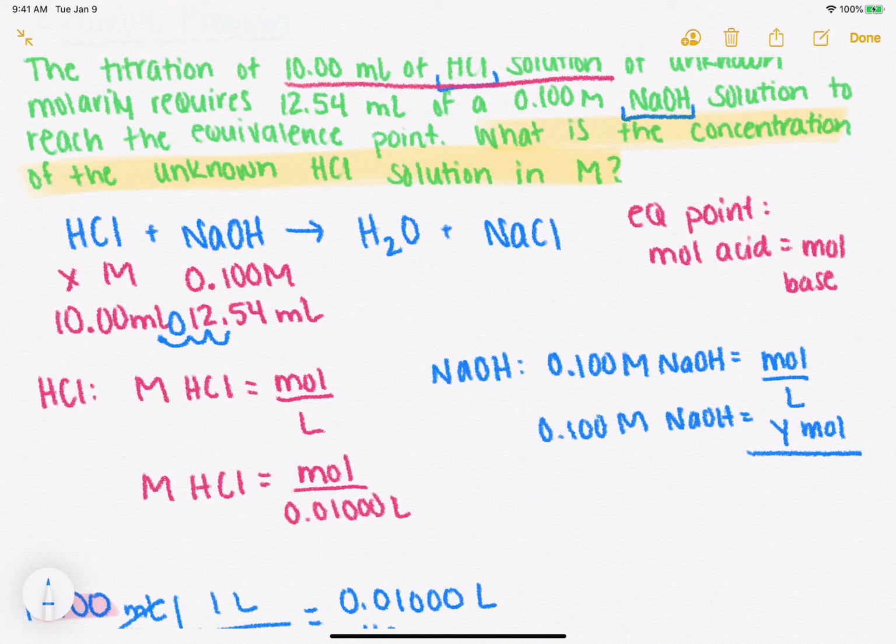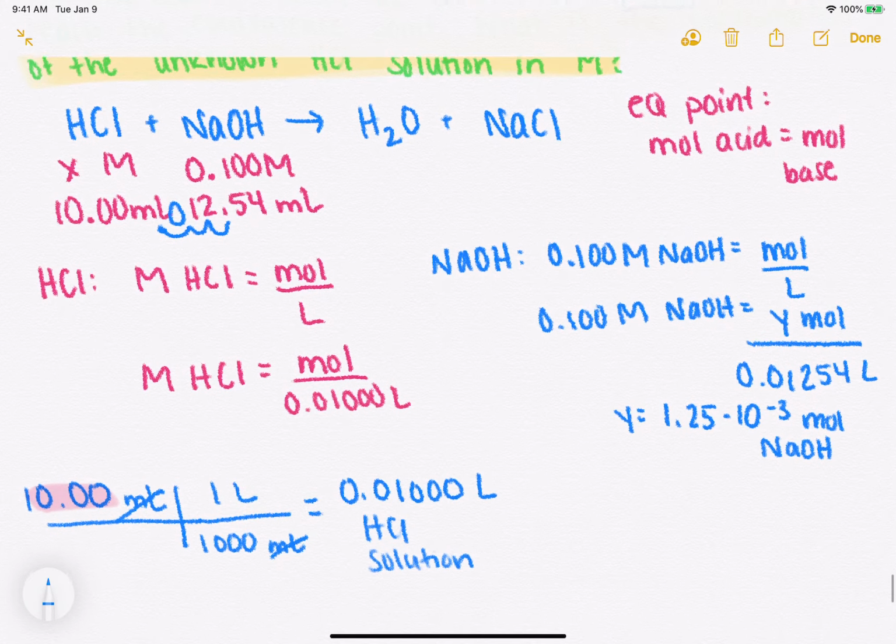So that is going to be 0.01254 liters. Because we know that information, we can solve for our moles, and we would get that y equals 1.25 times 10 to the negative 3 moles of NaOH.